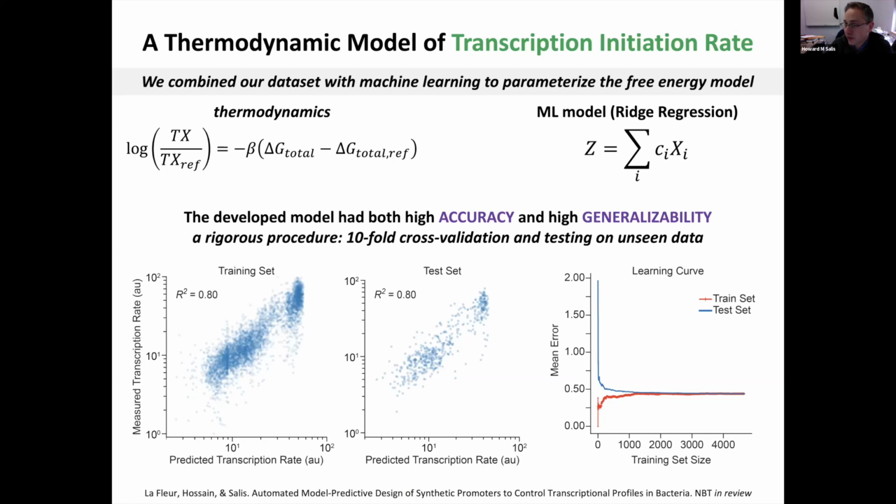And with the training set, we then carried out 10-fold cross-validation in order to develop a very accurate but also highly generalized model. And to do that, we used ridge regression, which is a type of linear machine learning algorithm that uses regularization. Although we got the same result whether we used lasso or elastic net, which are other types of linear machine learning models with different forms of regularization.